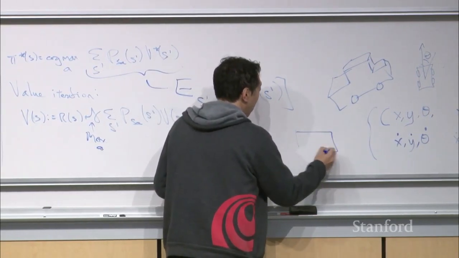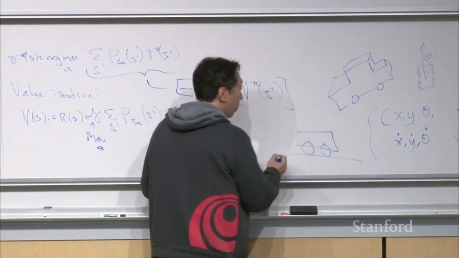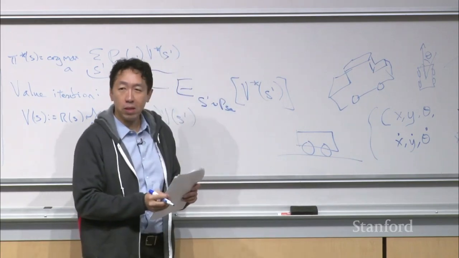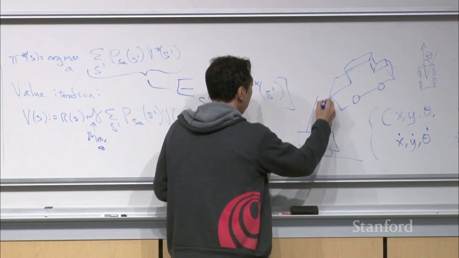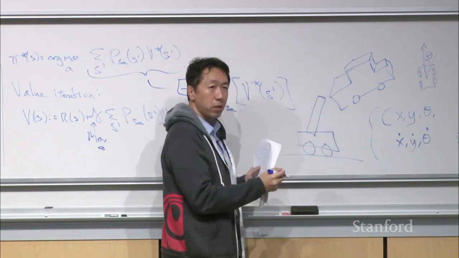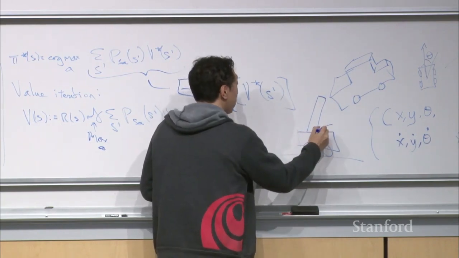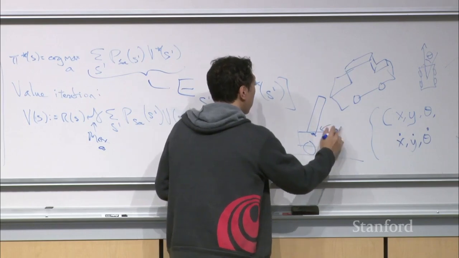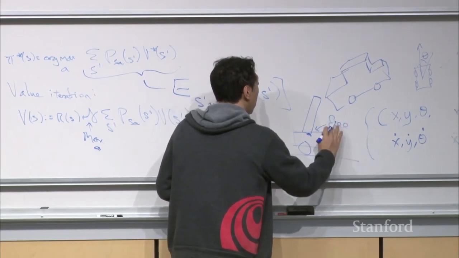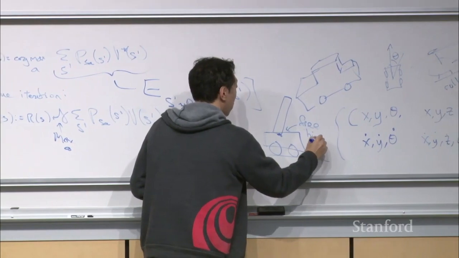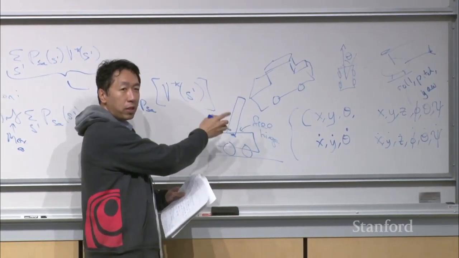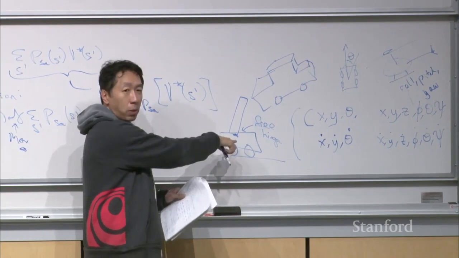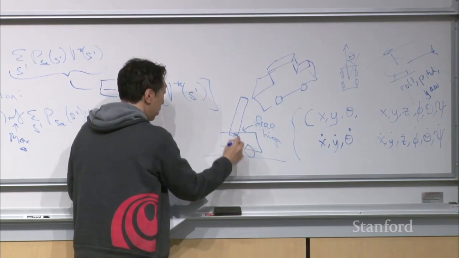It is a little toy: a little cart on wheels, on a track, with a pole attached to this cart with a free swivel. The pole swings freely, and there's no motor at this little hinge.